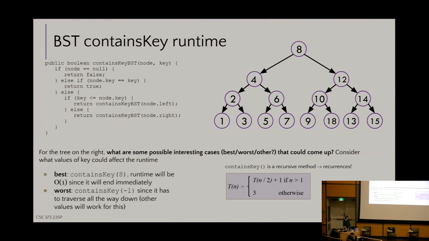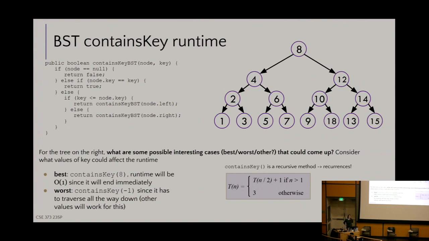And yes, the worst case scenario is if this binary search tree actually was just what we call officially a degenerate tree, where it was essentially a linked list, like all right children or all left children. And actually that could totally happen because, say, for example, you inserted everything in ascending order or descending order, which could totally happen.